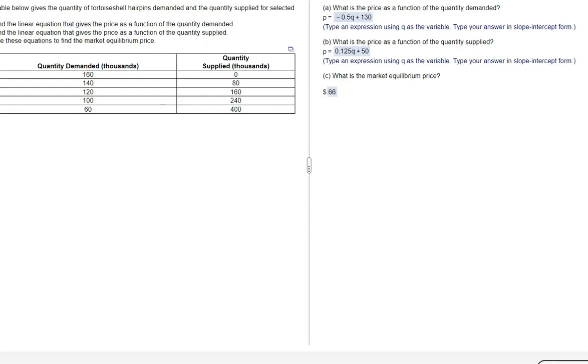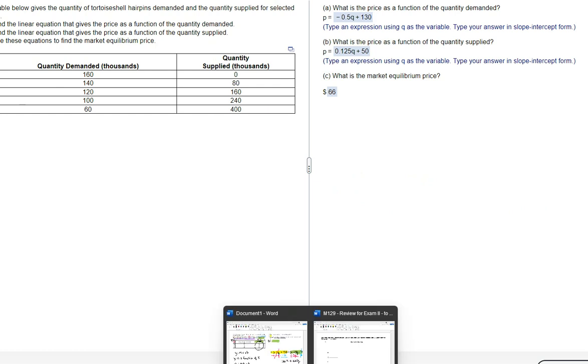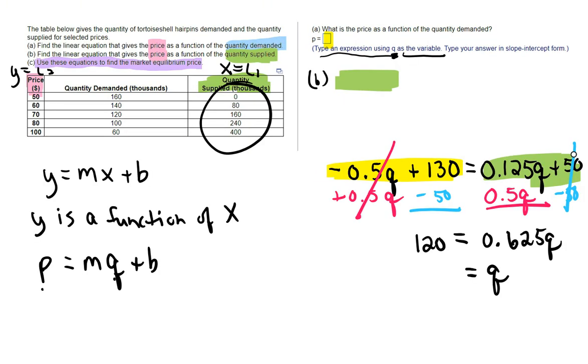Hang on, let me go back and see what I got here. Oh, I erased it all. 0.125 Q plus 50 equals, that's got to be the same. Okay, 192. But that's my quantity. We want to know price.